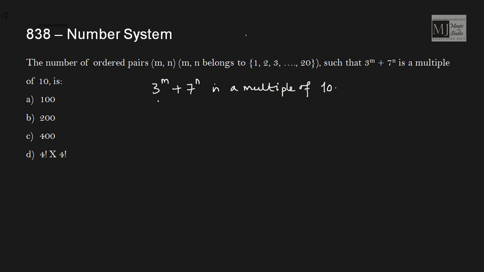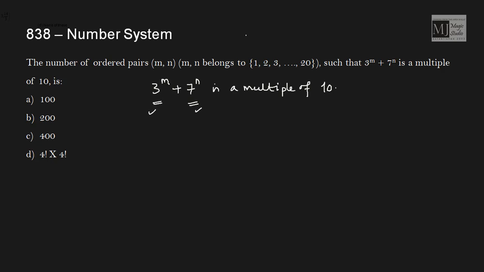That means whether this sum is a multiple of 10 depends upon the last digit of 3 to the power m and the last digit of 7 to the power n. If the last digits of 3 to the power m and 7 to the power n add up to give a last digit 0, then this summation would be a multiple of 10, isn't it?